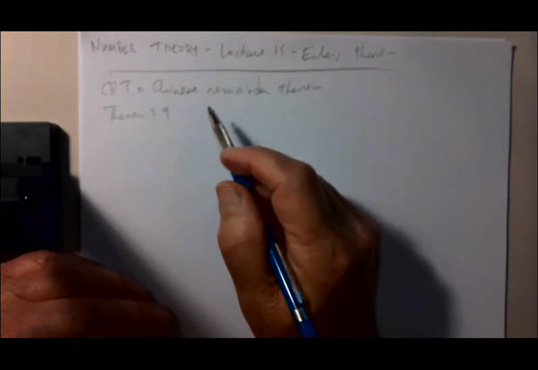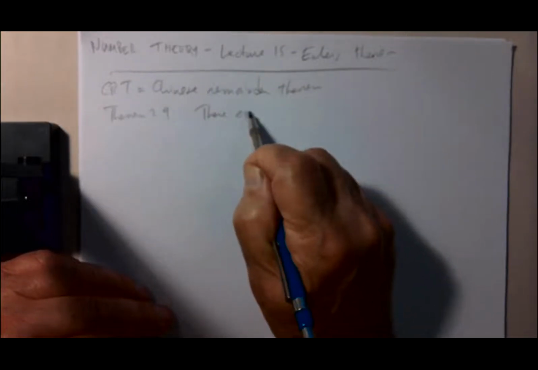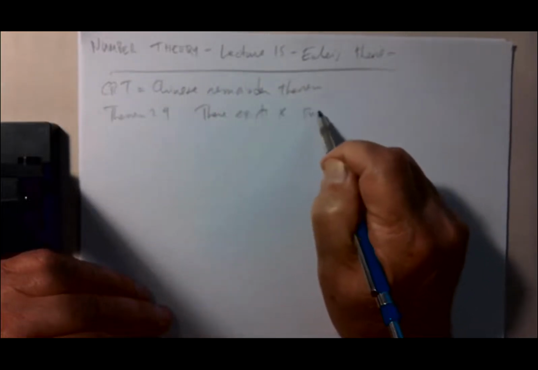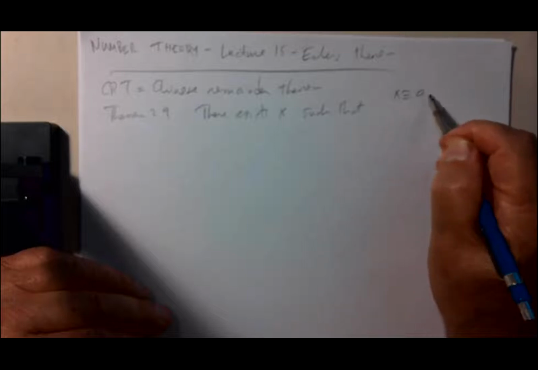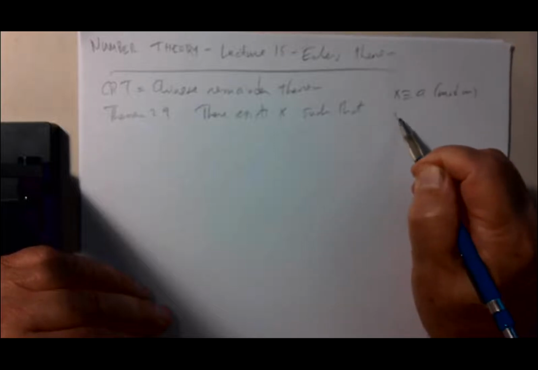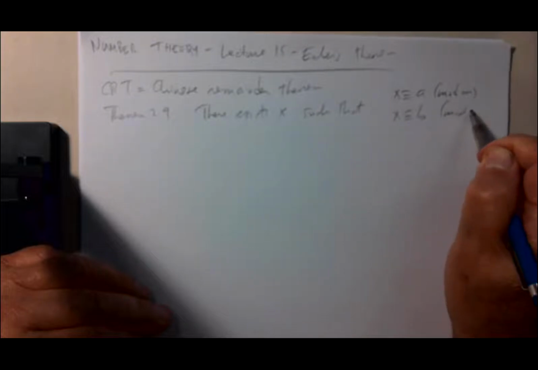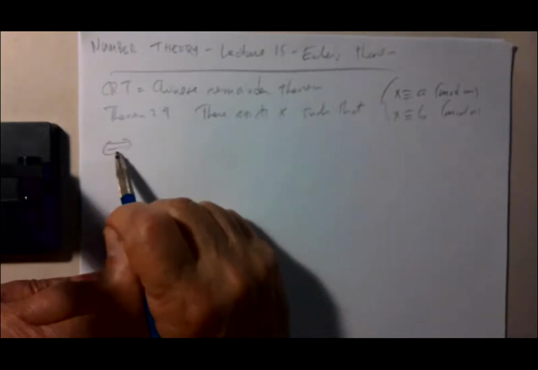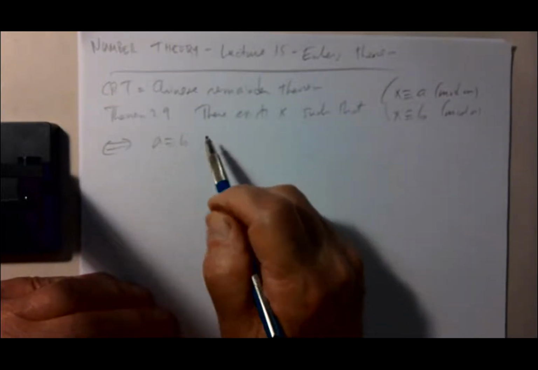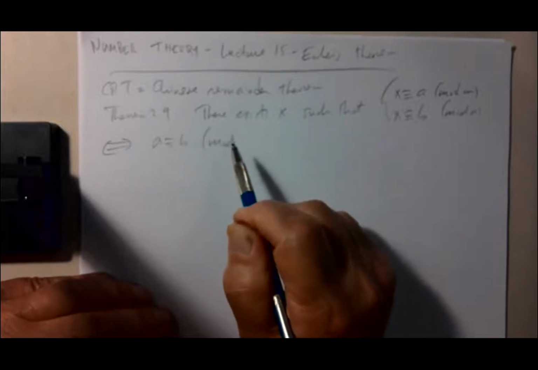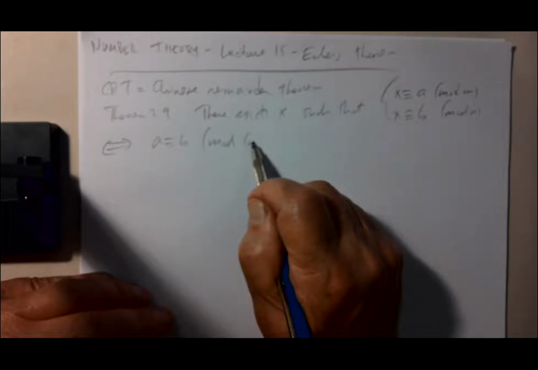The first form, which is theorem 2.9 in the book: you have positive integers m and n, and there exists an integer x such that you can simultaneously satisfy the congruences x congruent to A mod m and x congruent to B mod n, if and only if A is congruent to B modulo the greatest common divisor of m and n.